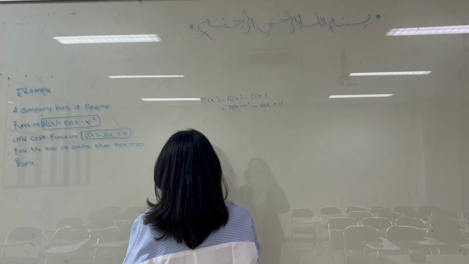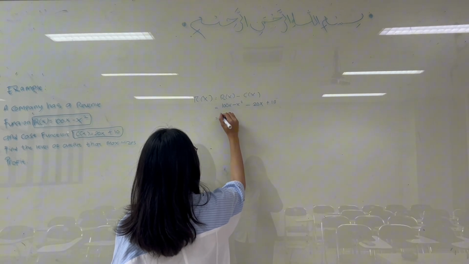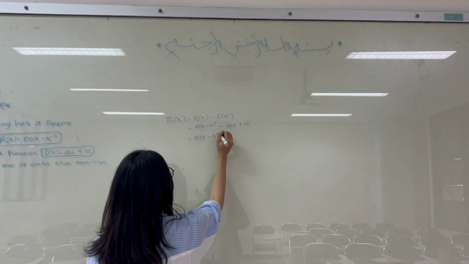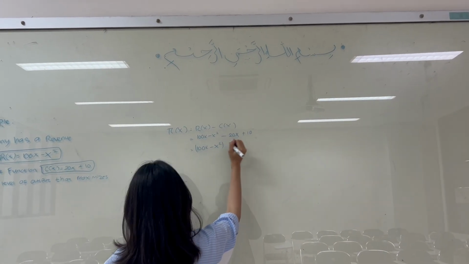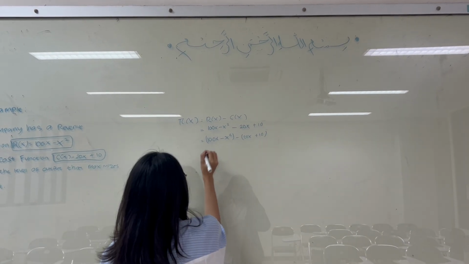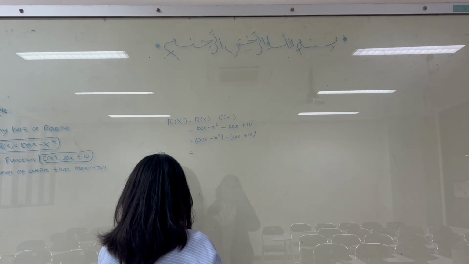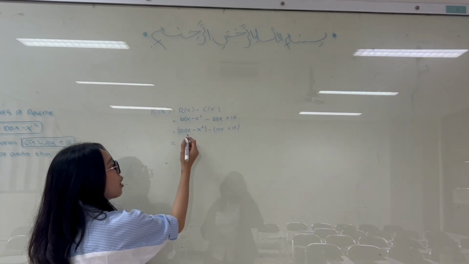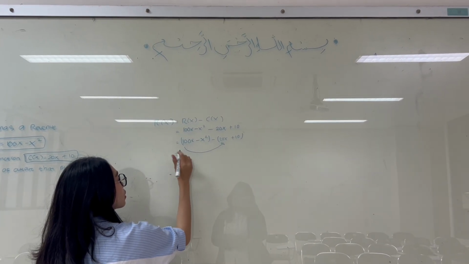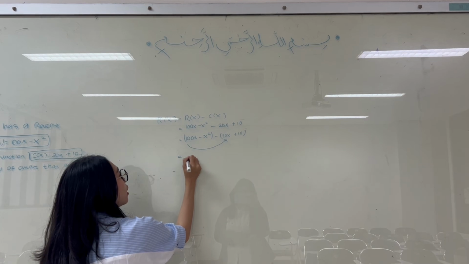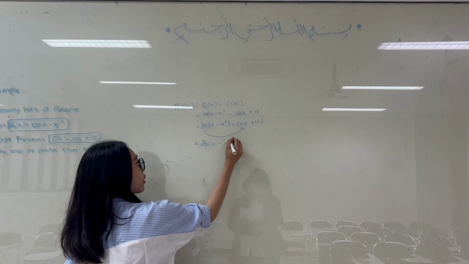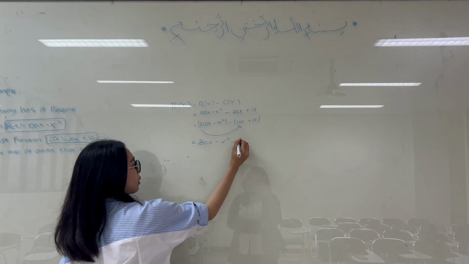So we calculate: it equals 100x minus 20x is 80x, minus x squared minus 10.